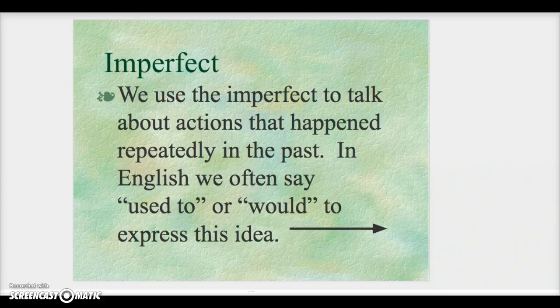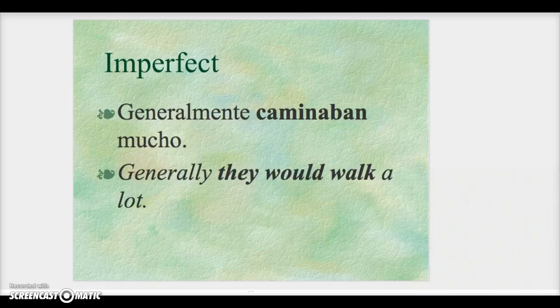Again, we're going to use the imperfect when we talk about actions that have been repeated in the past. And we'd usually say like used to or would, was or were. Again, dealing with ongoing actions. I guess that's our key word for the imperfect. Ongoing actions in the past. Generalmente caminaban mucho. Generally, they would walk a lot.